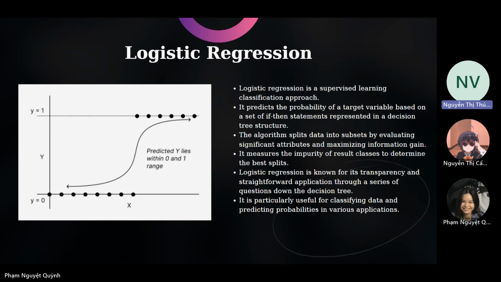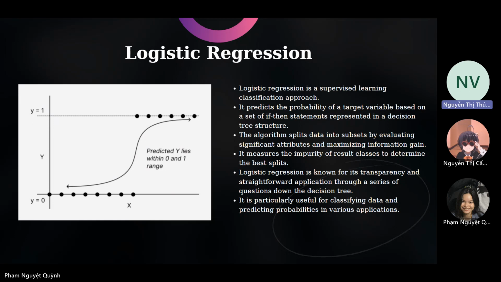It is commonly used to categorize data based on a set of if-then statements present in a decision tree structure. The algorithm splits data into subsets by evaluating significant attributes and maximizing information gain. It measures the impurity of resource classes to determine the best splits.